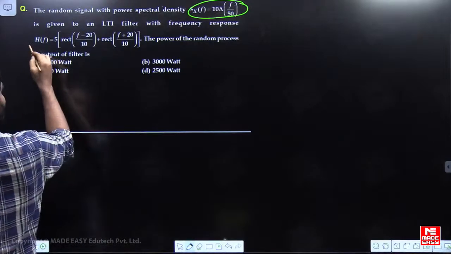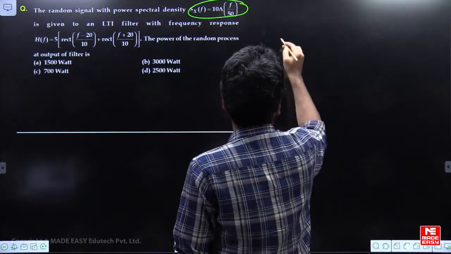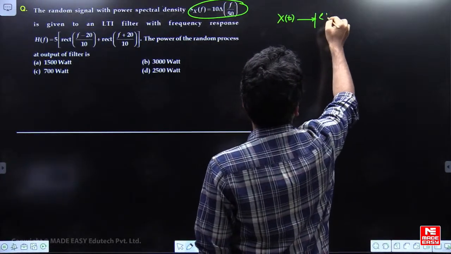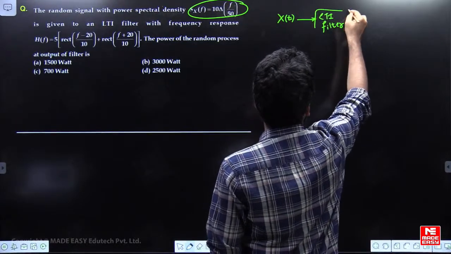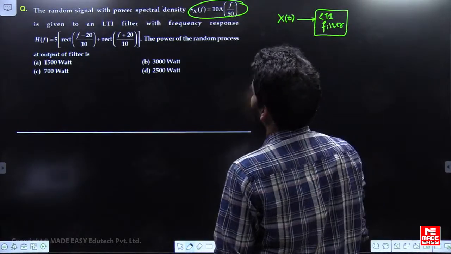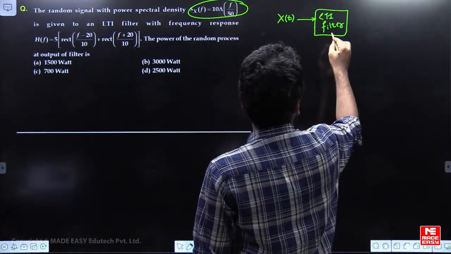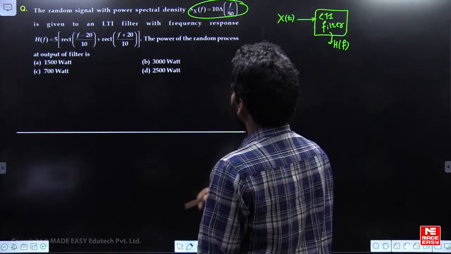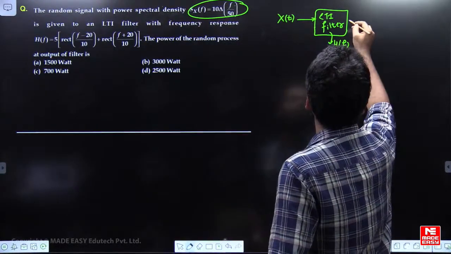So the random process, you can understand this is xt, is given to an LTI filter, and the transfer function of this LTI filter is given as H of f. Then we have to find the power of the random process at the output of the filter.